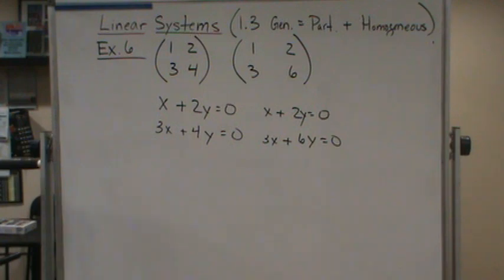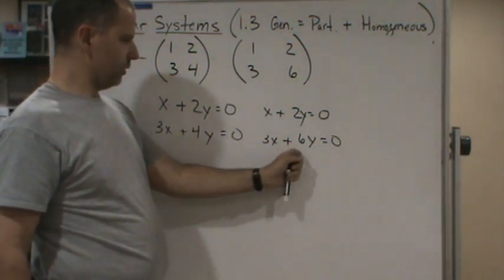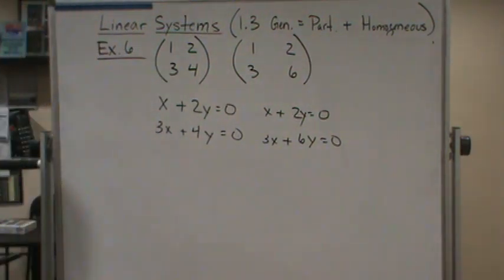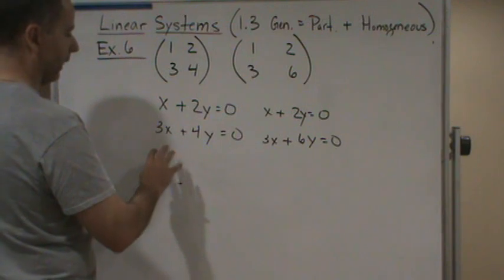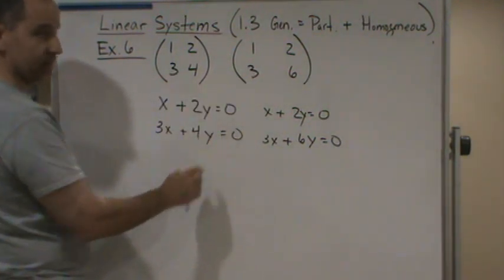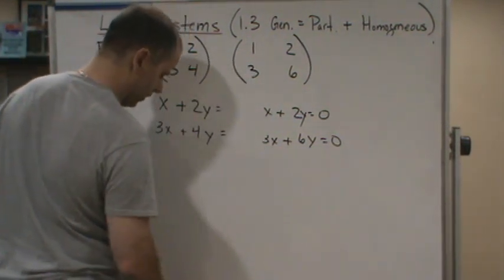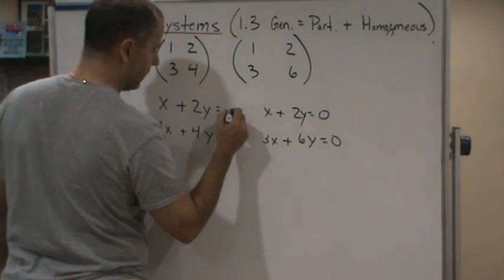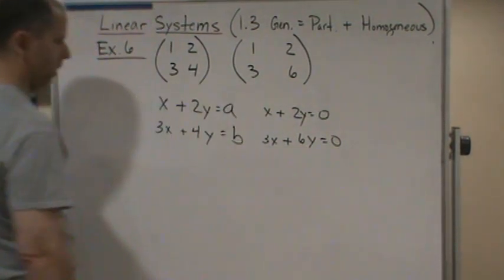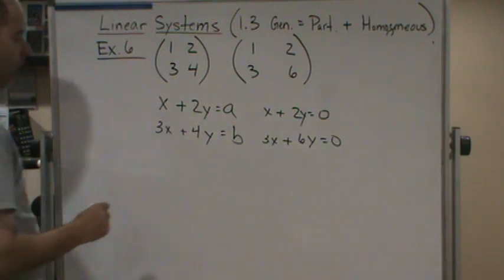It's either going to be a unique solution or infinitely many solutions. And by the way, this is going to have a unique solution regardless of the constants on the right-hand side, because we could just replace these with two different constants, and we can row reduce and solve this.